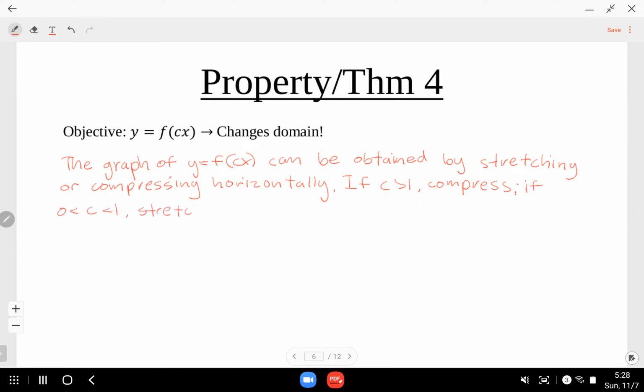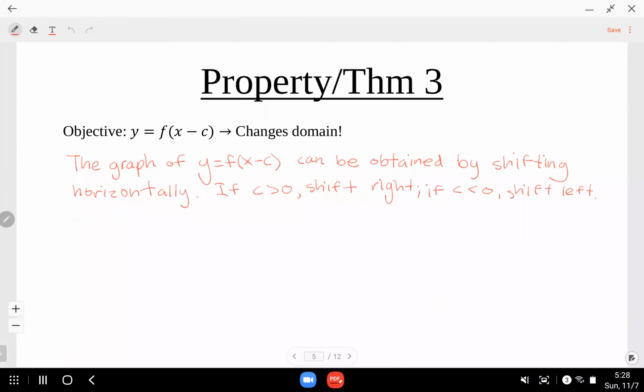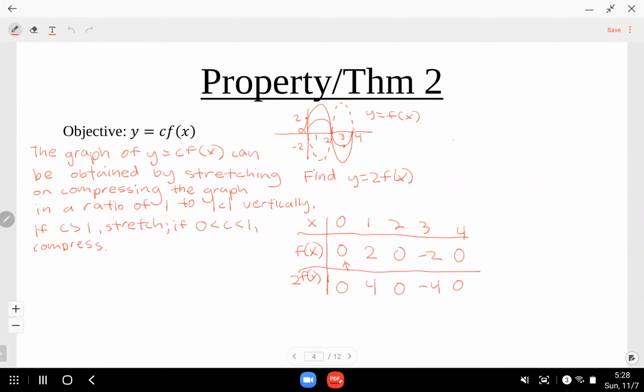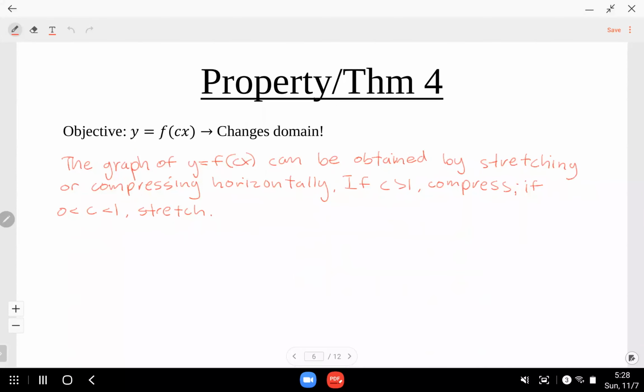It's pretty weird, right? Let's use this previous example. Let's say we wanted to find y equals f of 2x. Then it's going to change the domain, right?